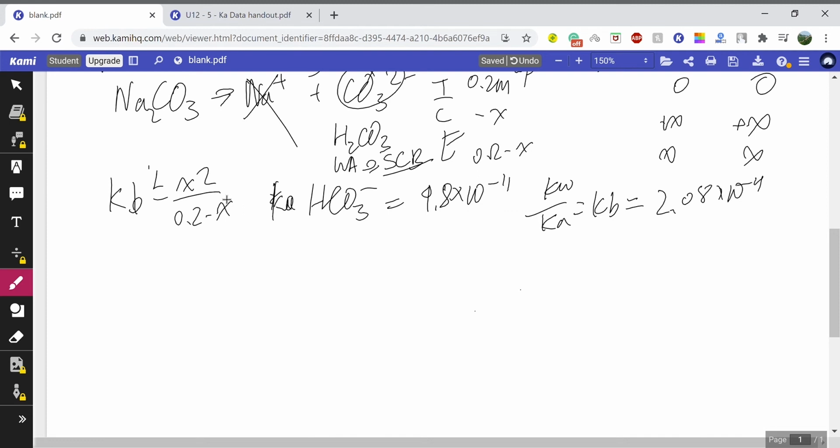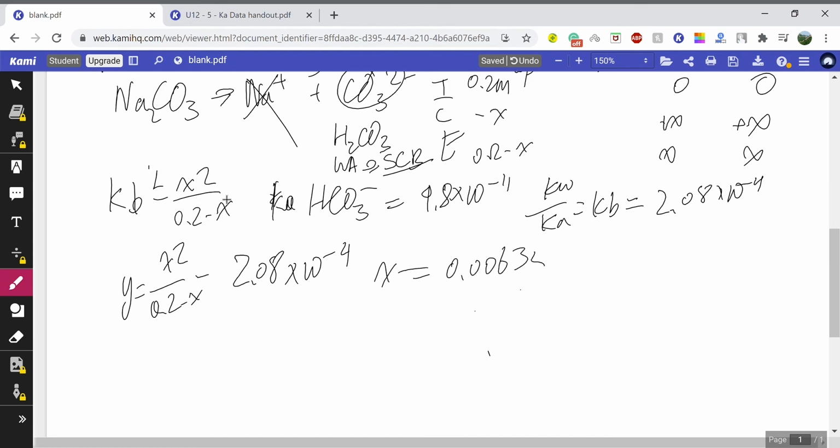Now we plug that in: x squared divided by 0.2 minus x equals 2.08 times 10 to the negative 4th. Second calc, and then we find the left and right boundaries to get x as 0.00635.